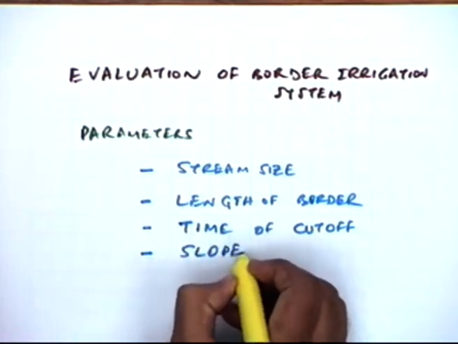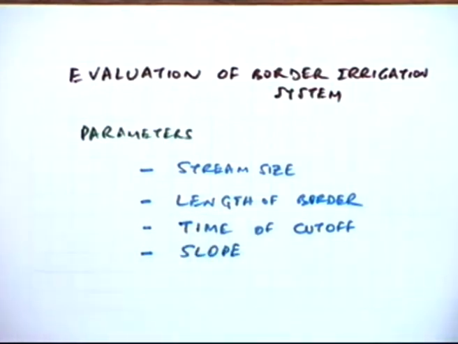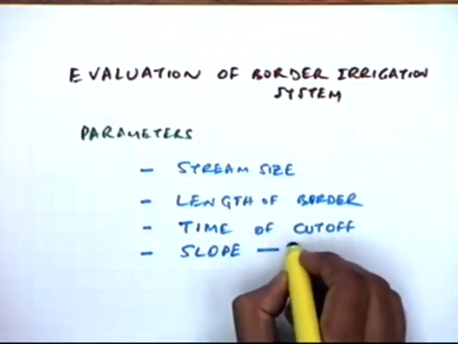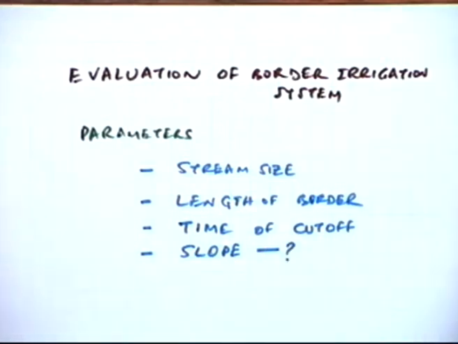What is the variation with the slope? You might not be in a position to study this unless you specifically prepare the fields with different slopes. So this is one factor which might not be that easy to accomplish, because in most cases when you go in for the evaluation, you try to use the prevailing fields, those fields which you are using for your normal cultivation, the existing fields.